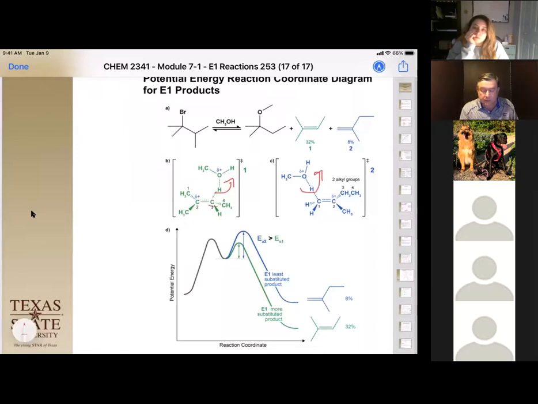This carbon here is more able to spread those electrons out than this is because it has 2 carbons bonded to it, not just the 1 carbon bonded to the carbocation, and therefore it's slightly lower in activation energy than eliminating the one from the only primary carbon here. Therefore, even though our activation energies are similar, our elimination product from our more substituted beta carbon is lower in energy, and therefore it becomes the major elimination product.